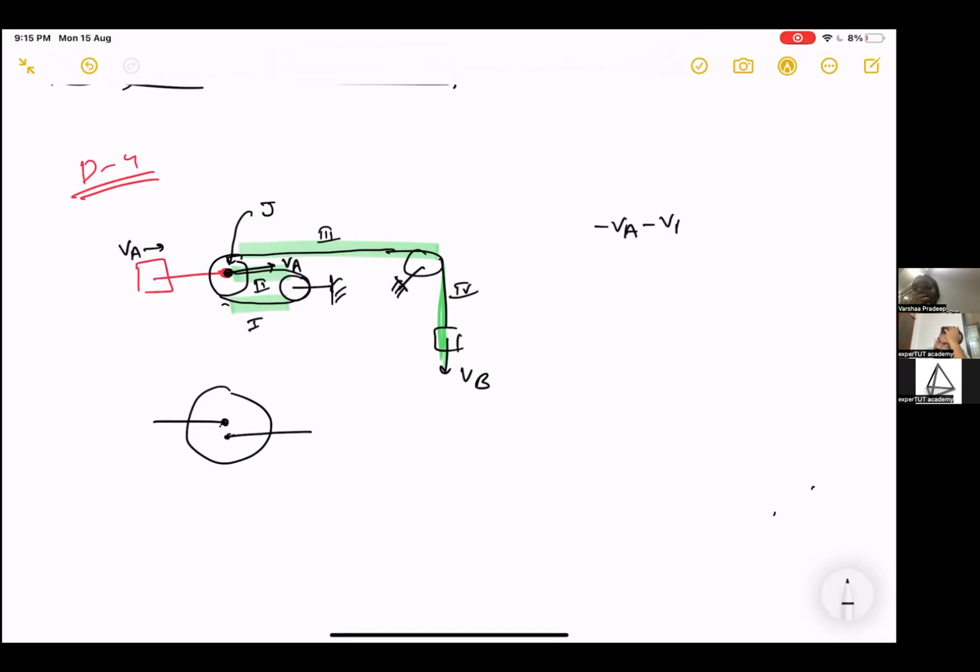Okay, and then minus VA again. This is for the first part, this is for the second part, where again the left end is decreasing the length at a rate of VA, so minus VA, and the right end is 0. Third part, again minus VA. And in the fourth part there is only a plus VB, and this is 0, so VB is equal to 3 VA.